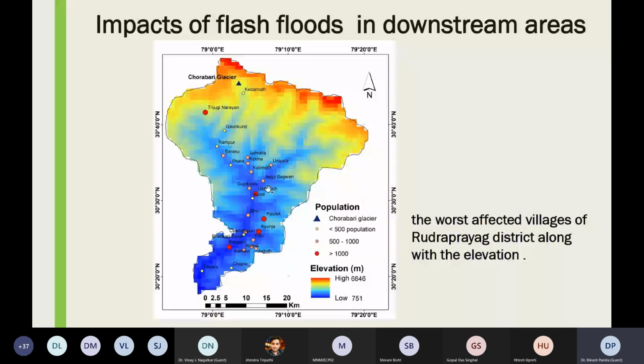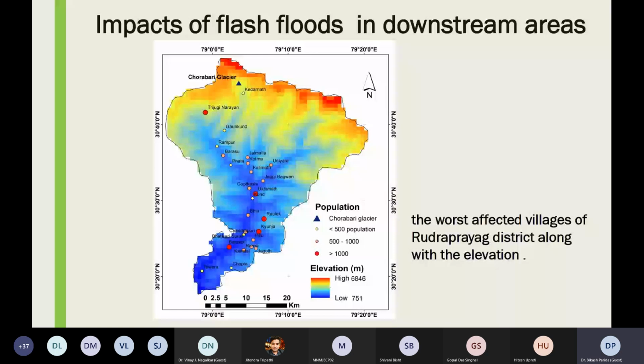You'll find how the population has been affected. The bigger the red circle, the more the population affected. It shows how much population is affected in different villages because of the flash floods during that time.